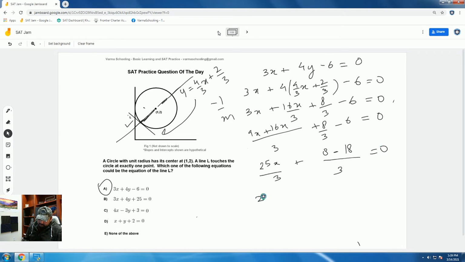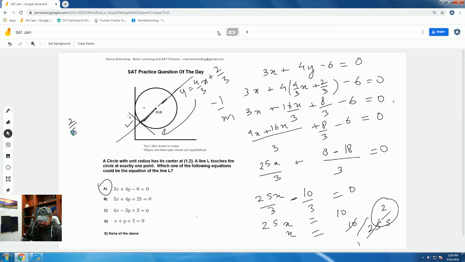So 25x by 3 minus 10 by 3 equals 0. So 25x equals 10. So x equals 10 over 25. So reducing that to the ratio, 2 by 5. So we now know that the x-coordinate of this is 2 by 5.